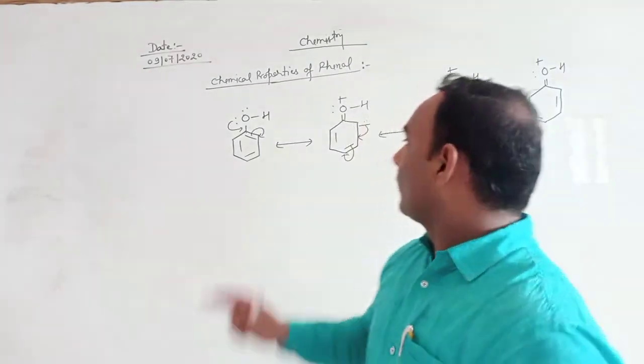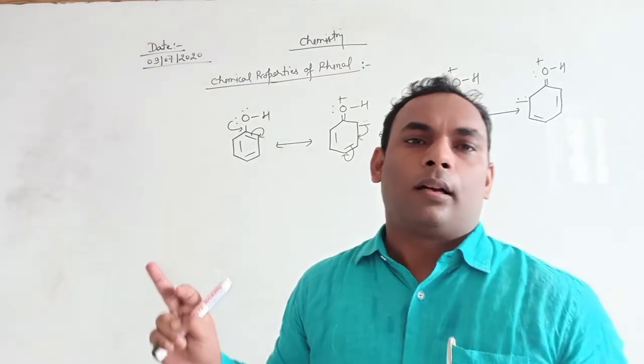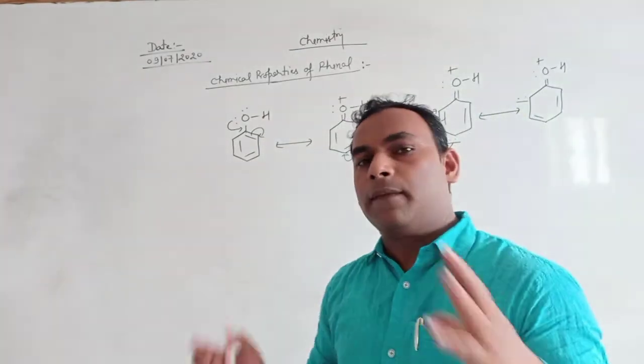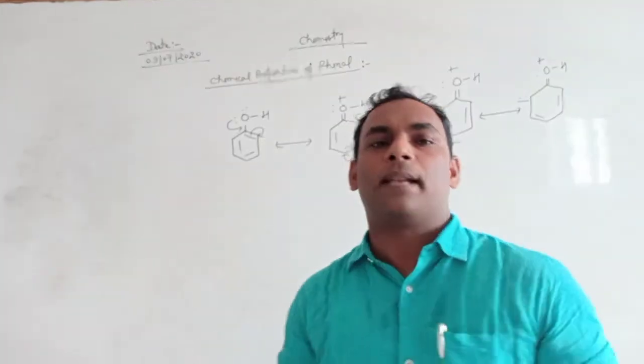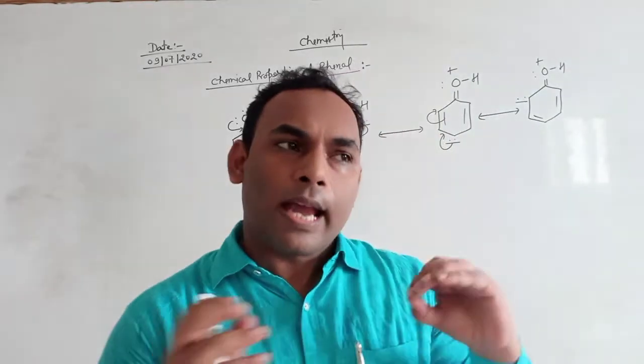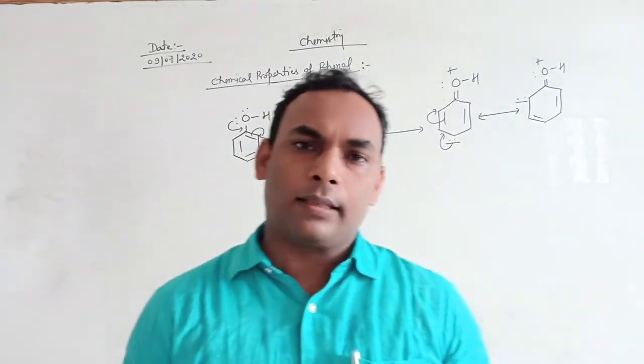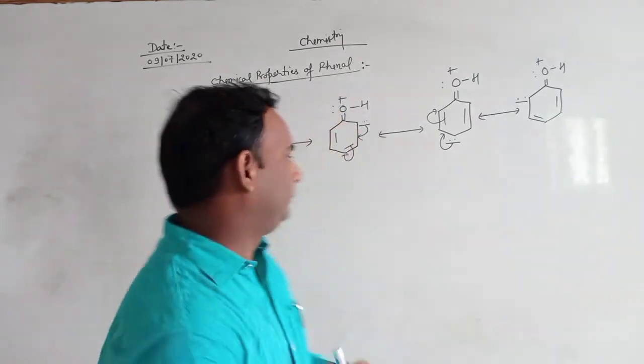That is, in phenol, there is an electron excess at ortho and para positions. So, any electrophile attacks at these centers.